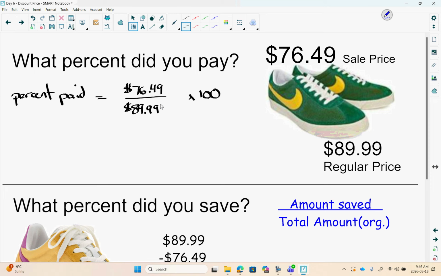And when you calculate that, okay, if I go 76.49 divided by 89.99, that gives me 0.8499, and then there's an 8. If I multiply that by 100, what's that work out to be? Yeah, swing the decimal place 2 spots to the right. It'd be 84.998% or 85%.